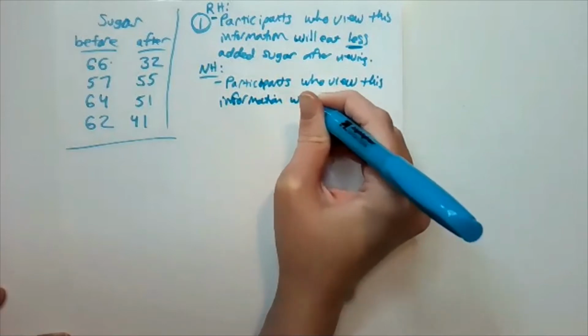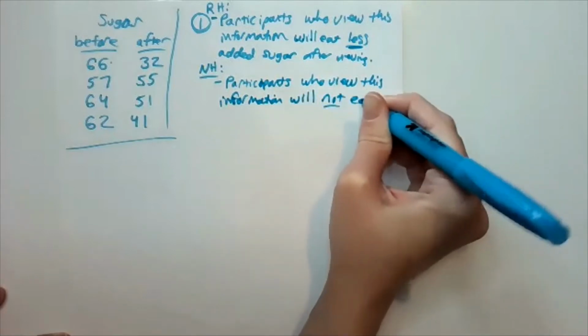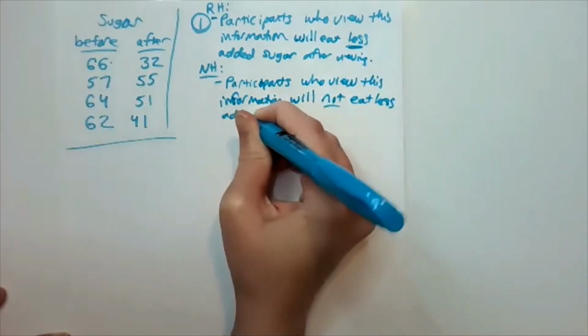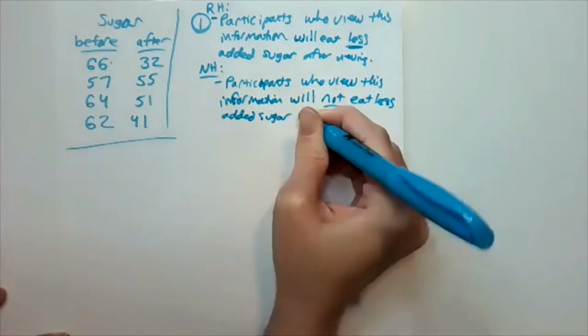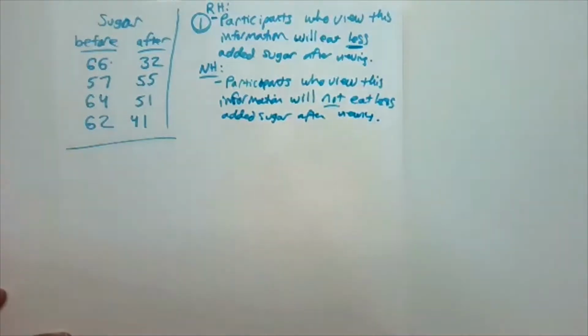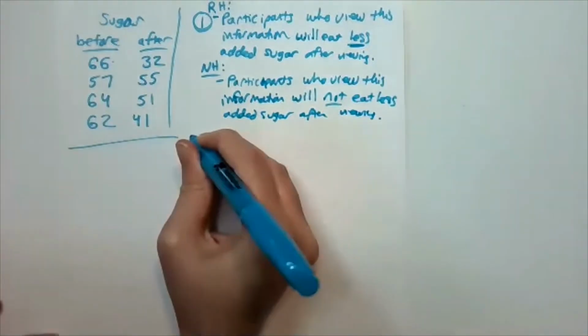But instead of them eating less, we're going to say that they will not eat less added sugar. And that's step 1 of my hypothesis testing procedure.